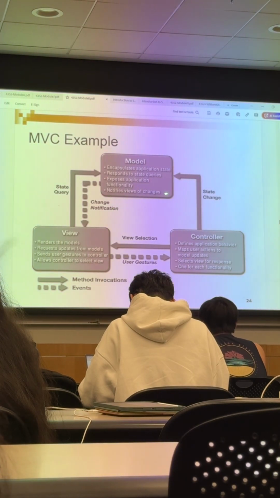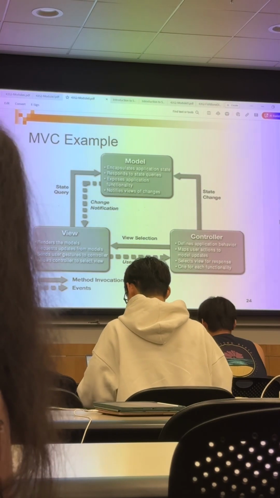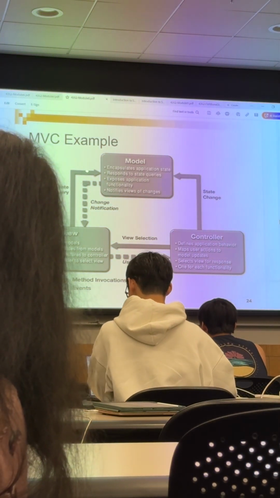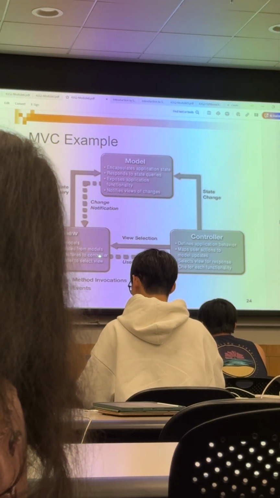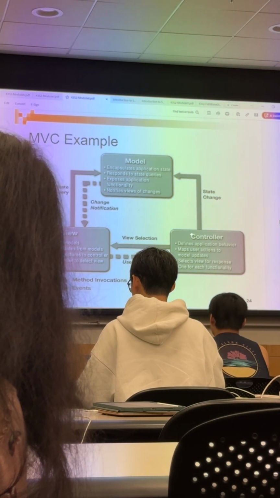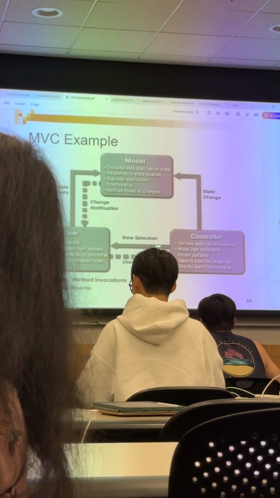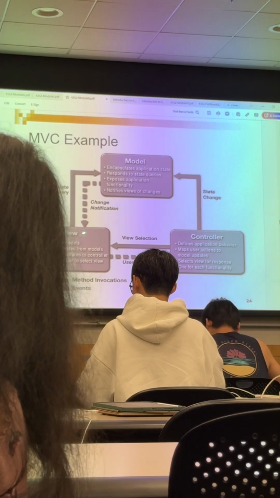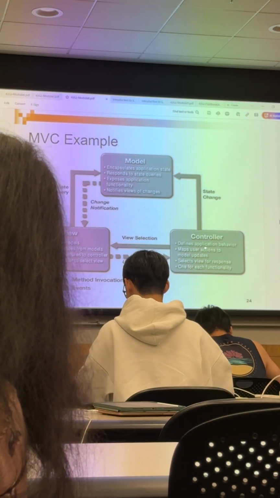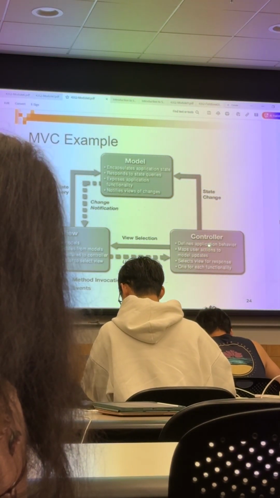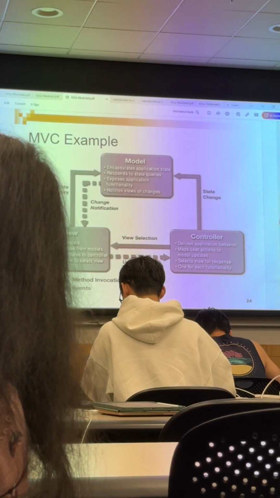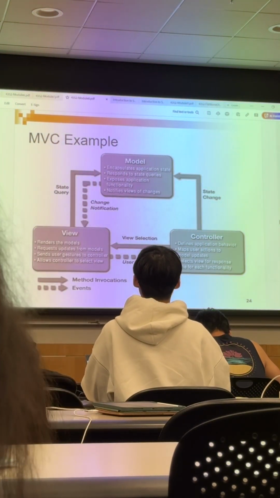Any changes to the data in the model are communicated back to the view, and the view can query the state. Any changes from the user are sent to the controller, and any view selection from the controller goes to the model. So in MVC, there's a clear delineation in terms of its own layering, and the controller is the director or the sequencer of the messages.